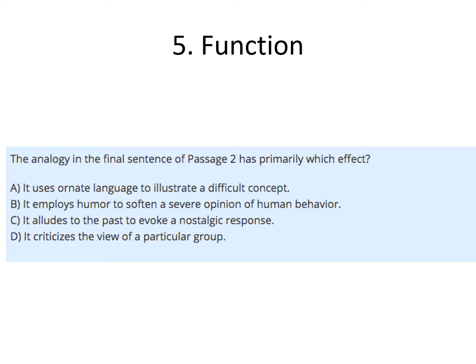So basically it's recognizing, okay, this author is using something, and then what effect does this have on the audience, or how does it contribute to the passage or the reading, and then you being able to understand its function within the passage or the sentence or that paragraph and what effect it has on the overall passage or even the audience.